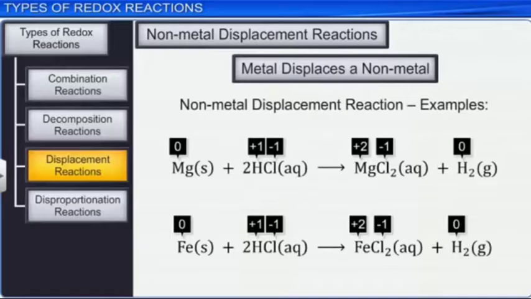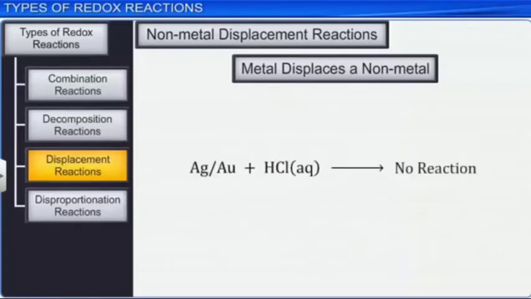Similarly, magnesium and iron react with hydrochloric acid and displace hydrogen from hydrochloric acid to liberate dihydrogen gas along with the formation of magnesium chloride and iron chloride respectively.